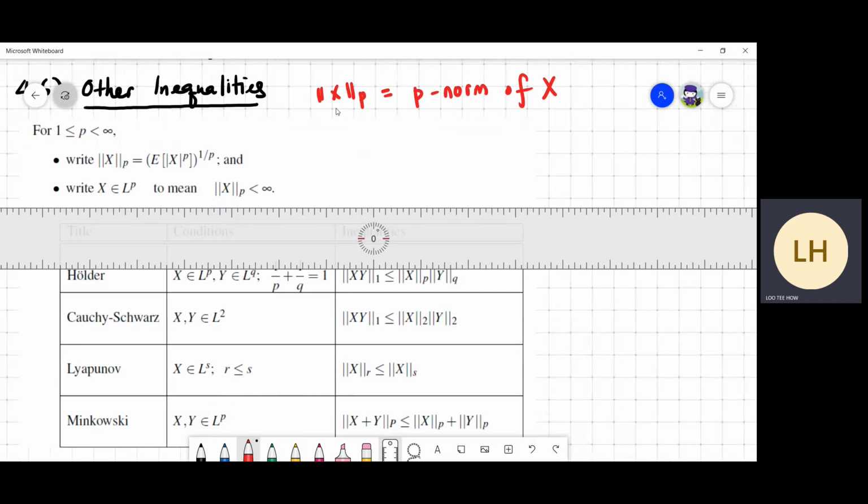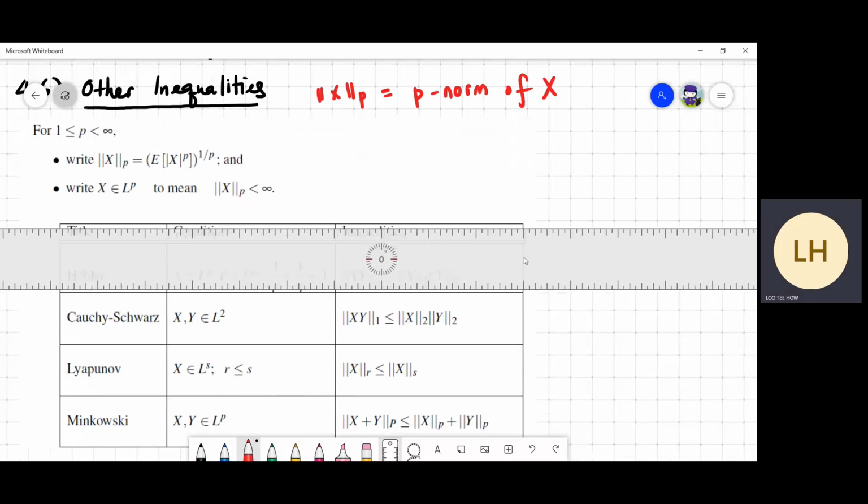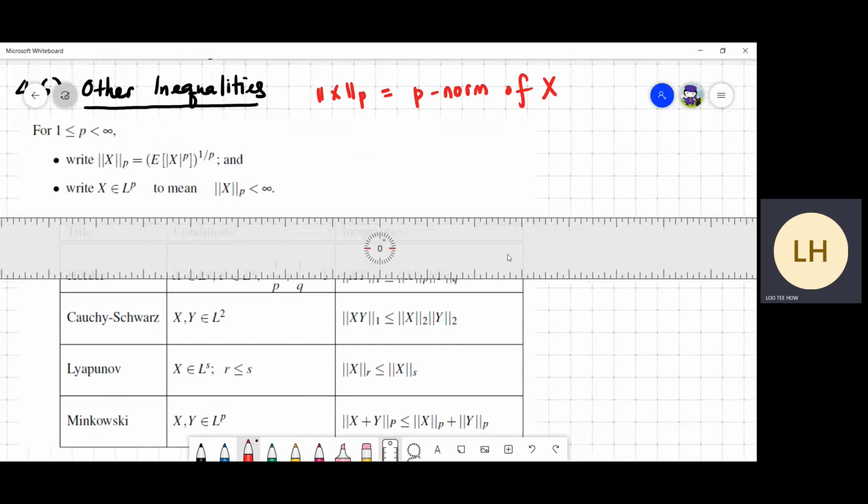So we write x belongs to L^p to mean the p norm of x is less than infinity. If we use our standard notation, this simply means E of the modulus of x to the power p is less than infinity.